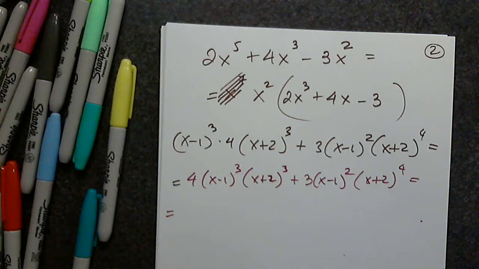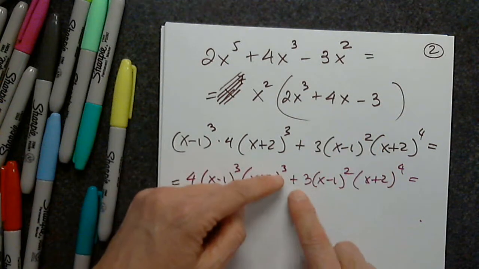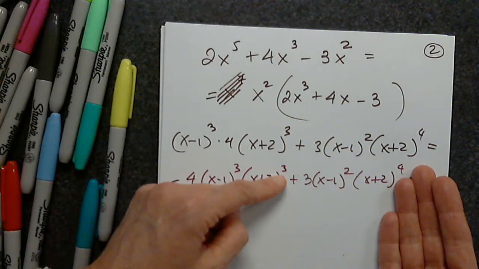Here's my next question. How many terms do I see in this problem? Exactly 2. We just discussed a minute ago that terms are quantities that are added. So this is a quantity that is added to this quantity.